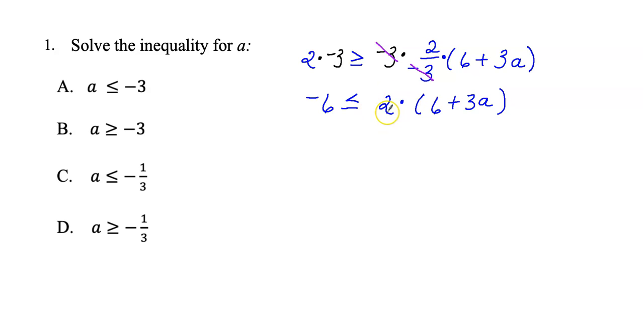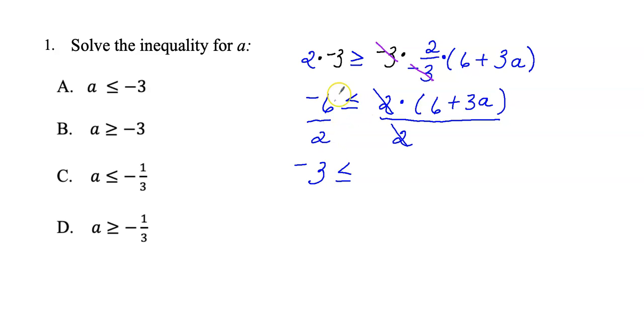To undo multiplication, you divide. So I will divide both sides by 2. The right-hand side and the left-hand side. The 2's drop off. 6 divided by 2 is 3. And I bring down the negative sign. I bring down my inequality.